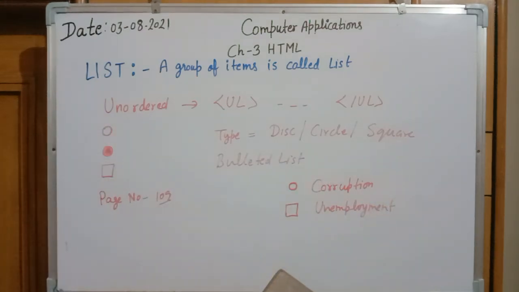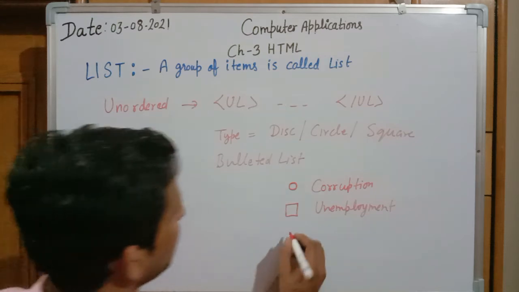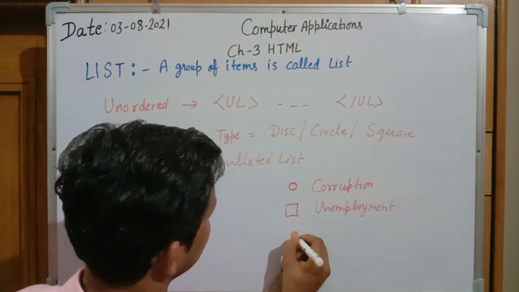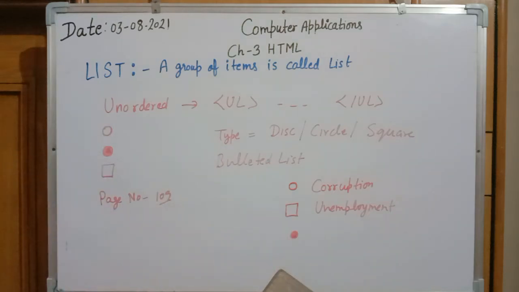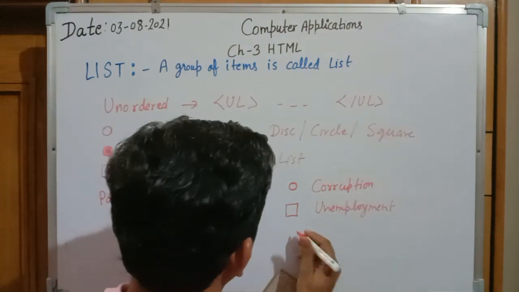Now again a third list is created in which type is not given. If type is not given, which type is accepted? In that case, by default it will accept the disc type, and it will display the item, that is lack of education. Because type is not given, there is no need to give this part.